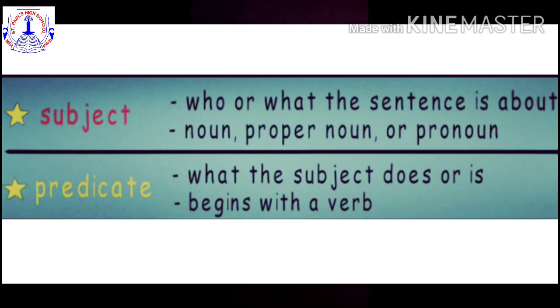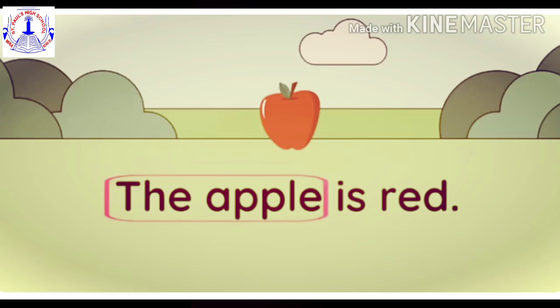Now let's practice identifying the subject and predicate in some complete sentences. The apple is red. Here, the apple is the subject because this sentence is about the apple, whereas is red is a predicate as it tells what the subject is.